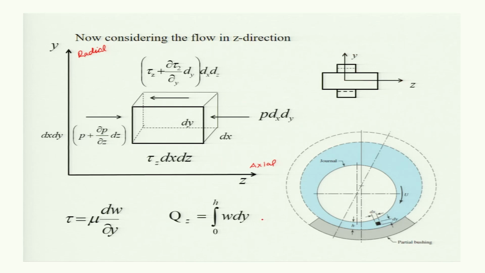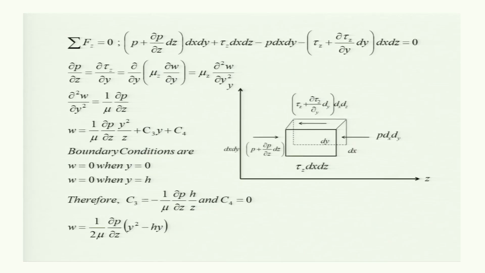Here is the bearing, the axial direction is z and the radial direction is y, and in this diagram also the same thing is shown. The forces are shown acting on different planes, similar to the previous analysis, and again we find the summation of all forces in the direction of z and get an equation similar to the previous one. The summation of all forces along z gives this, and finally we have del p over del z equal to del tau z over del y.